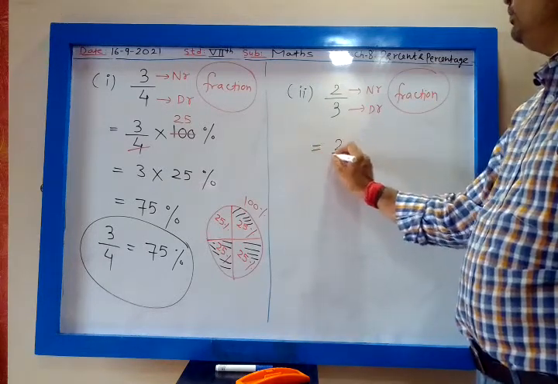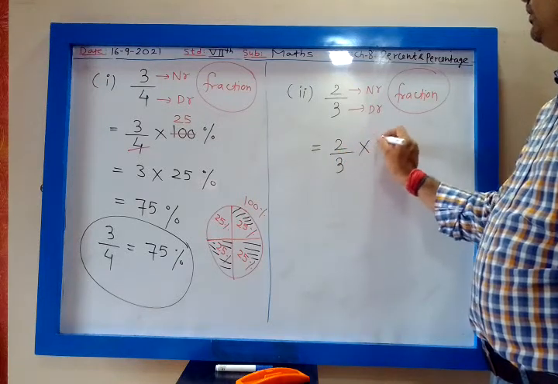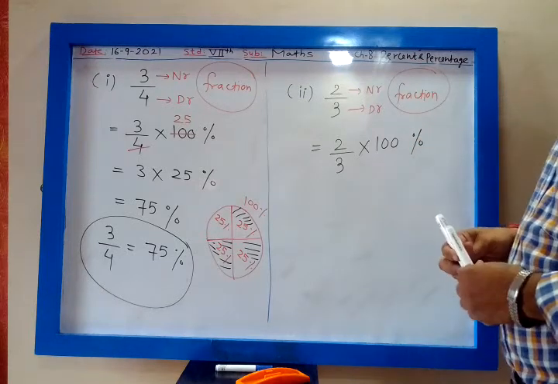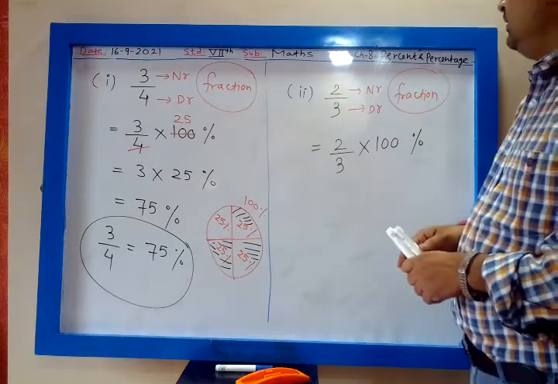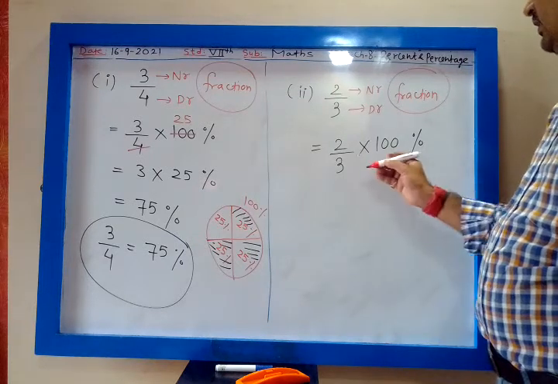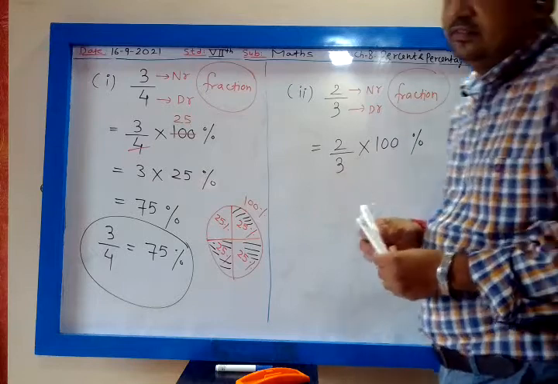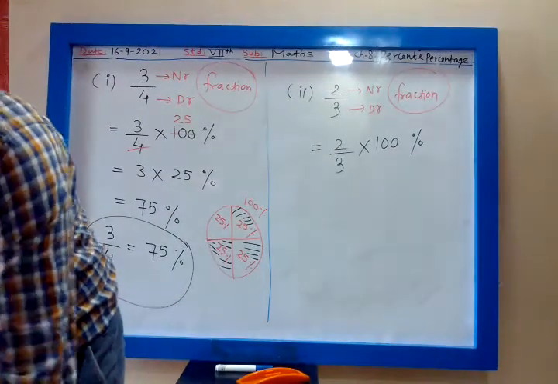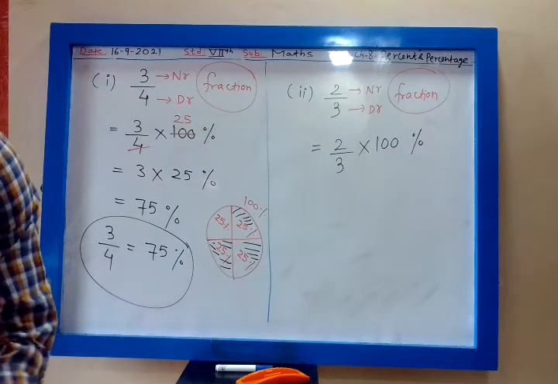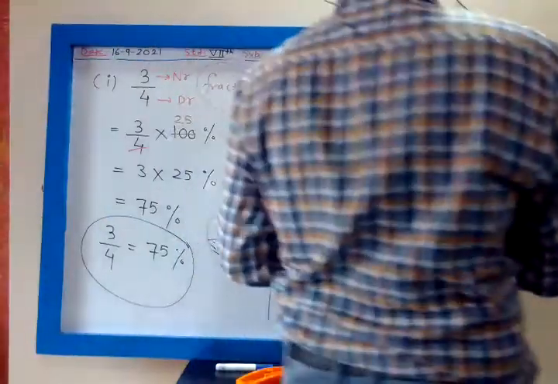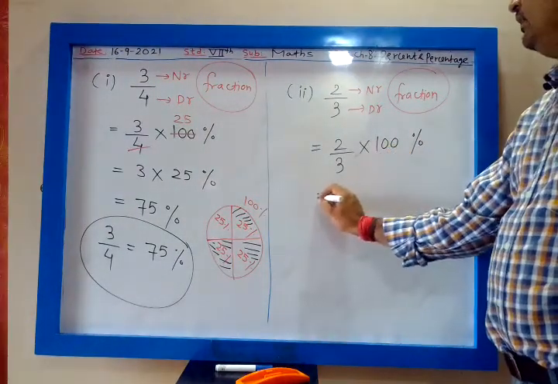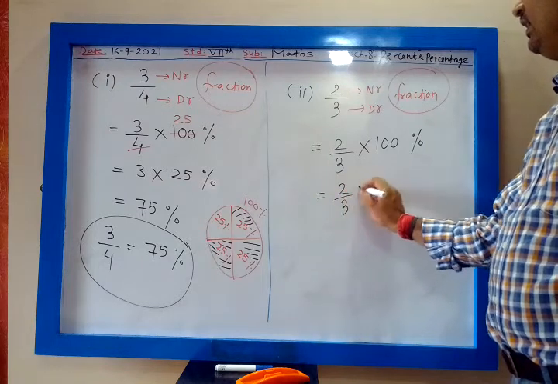So multiply by 100. 2 by 3 into 100%. Can you cancel 3 and 200? Can you cancel 2 and 300? No. So we cannot cancel. So we write 100 upon 1.